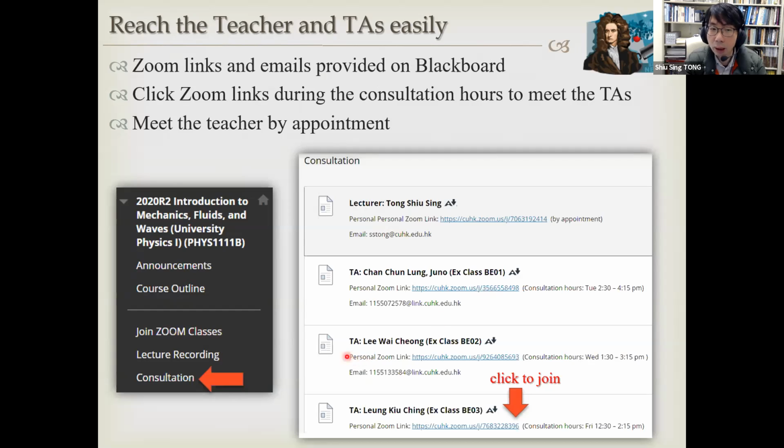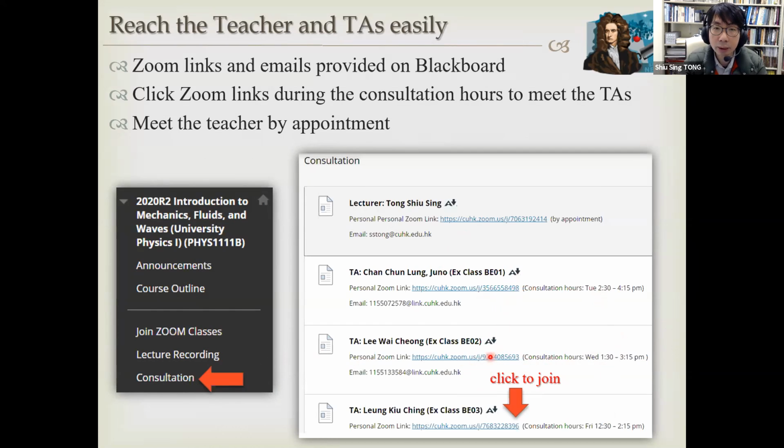Or if you don't want to remember those details, you can simply click the consultation link here in the blackboard, and it will display all the Zoom links. You just click the link during those times, and it will open the gates to the consultation sessions.